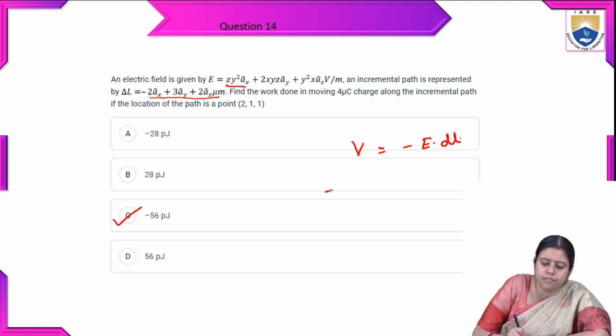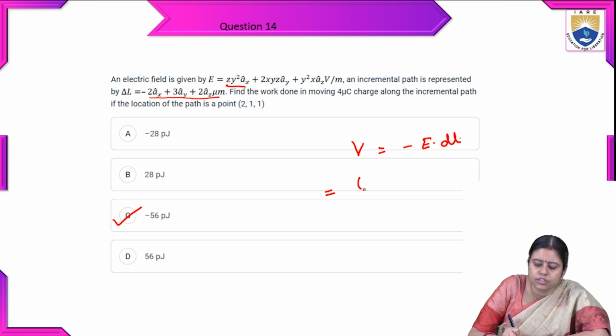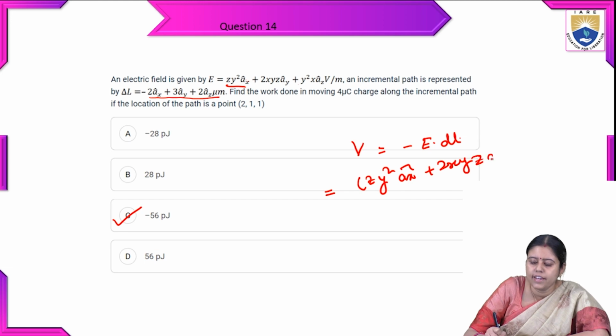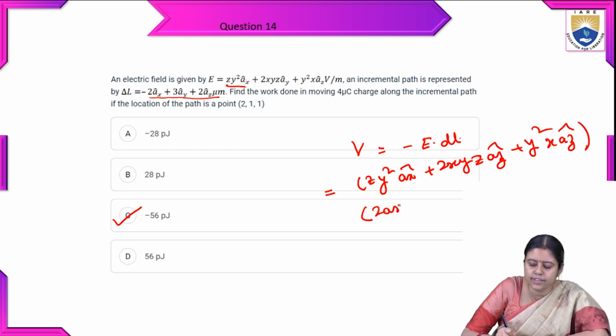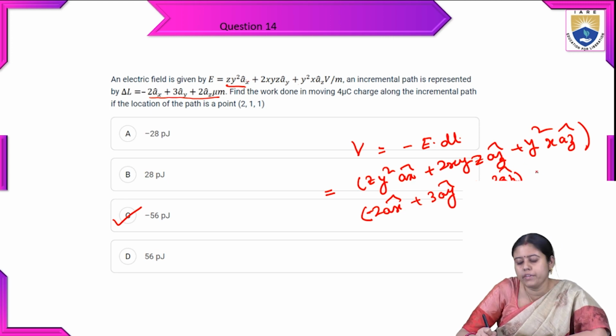So V value is given here. What is the E? E is equal to z y square ax plus 2xyz az plus y square x az, into 2ax minus 2ax plus 3ay plus 2az micrometer.